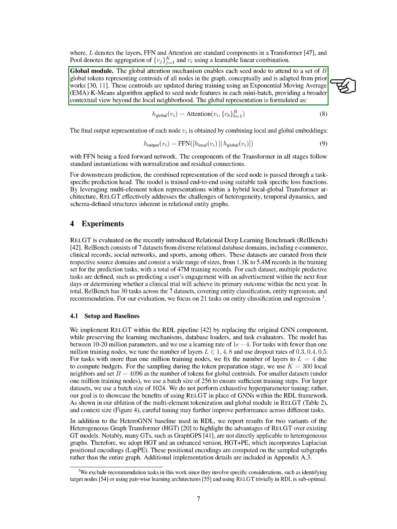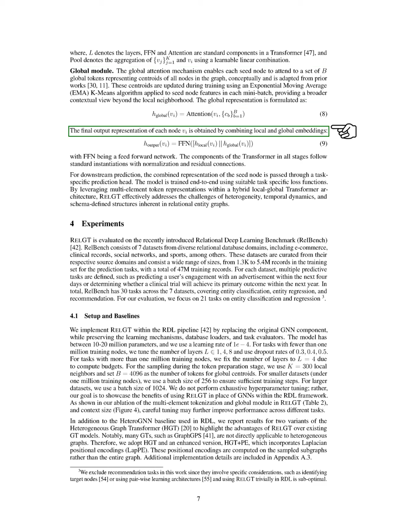For the global module, we enable each seed node to attend to a set of global tokens that represent centroids of all nodes in the graph. These centroids are updated during training using an exponential moving average k-means algorithm, providing a broader context beyond local neighborhoods.